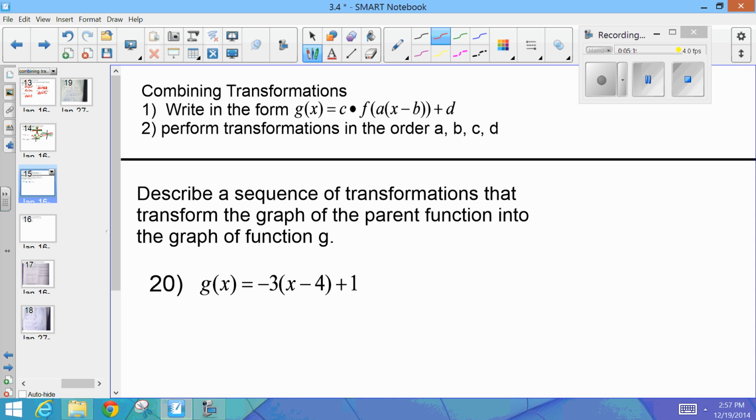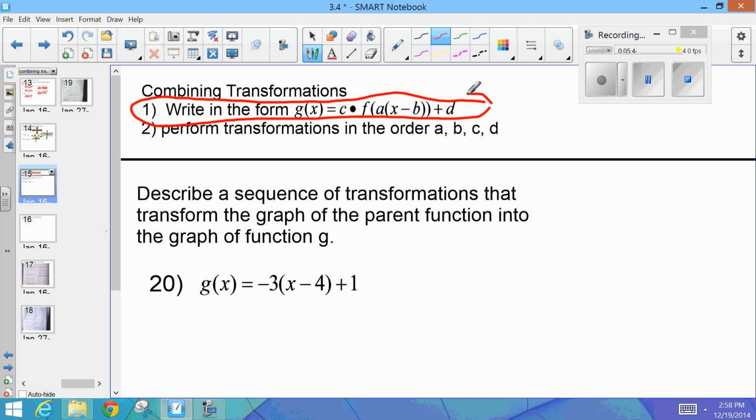And we have to make sure that we do this in the right order, okay? Here is the general form for all transformations on any parent function, okay? And they are given in the order A, B, C, D, and those orders happen first, okay?